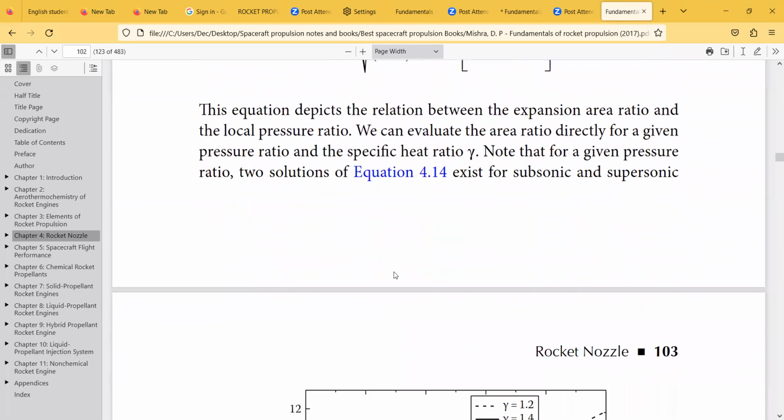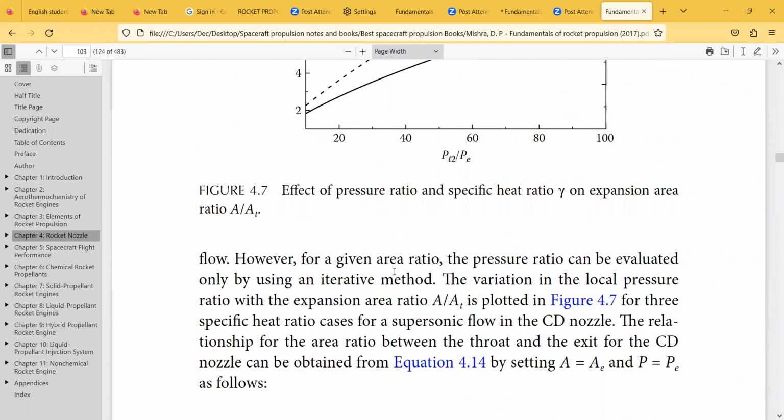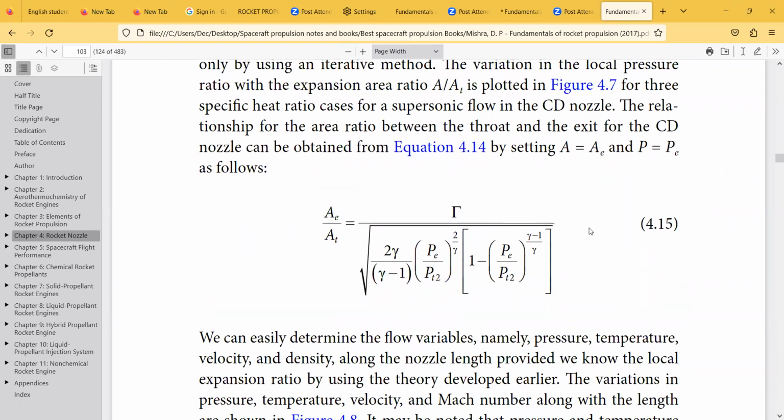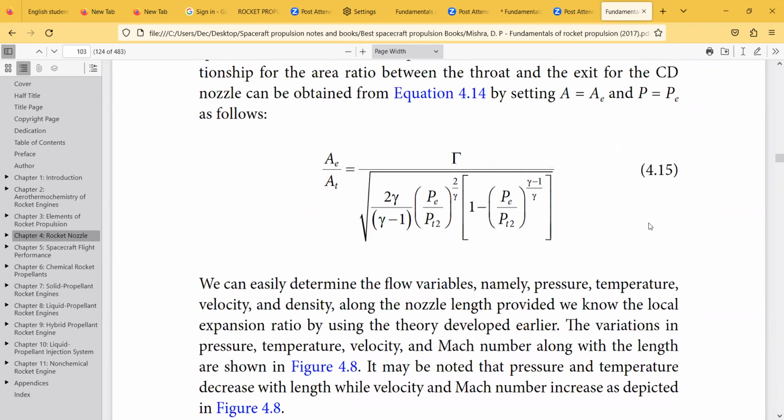This area ratio helps us find the exit area, the throat area, and the combustion chamber area. Once we know areas, we can change them to diameter and radius, because it is a circular geometry. So this is one of the useful formulas.